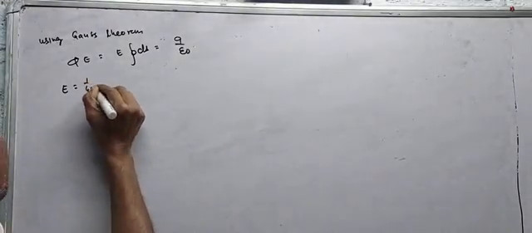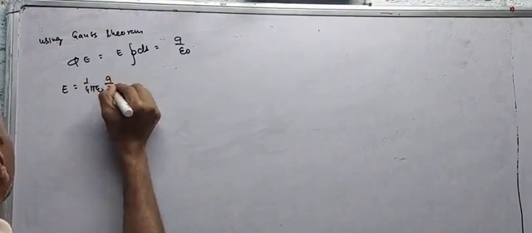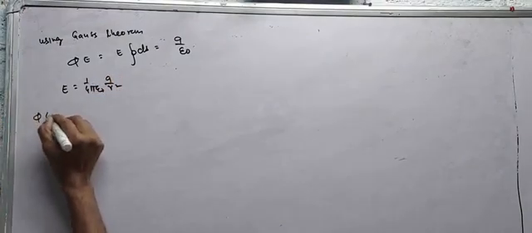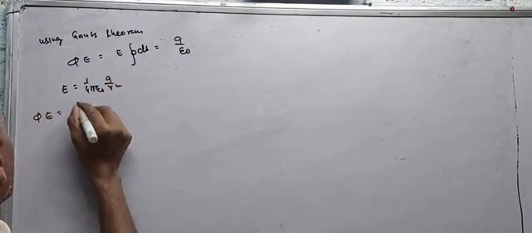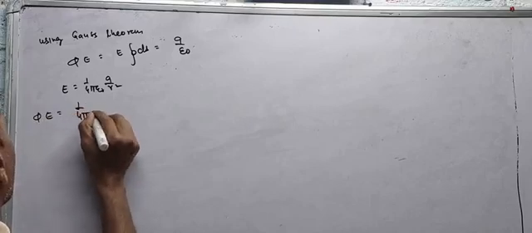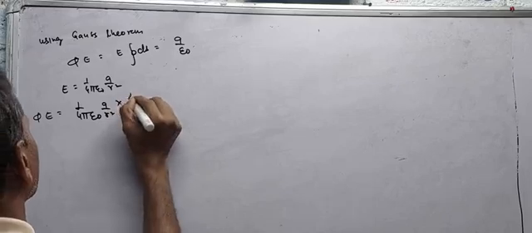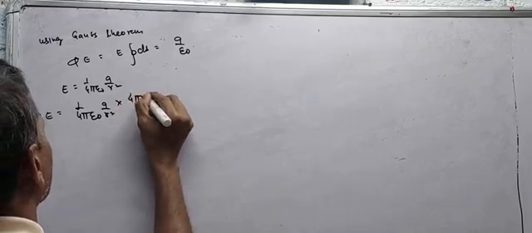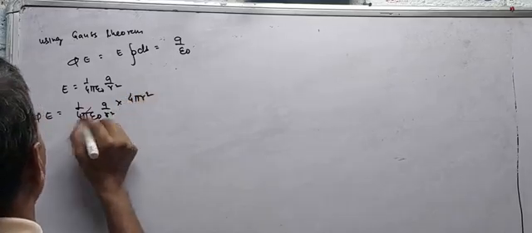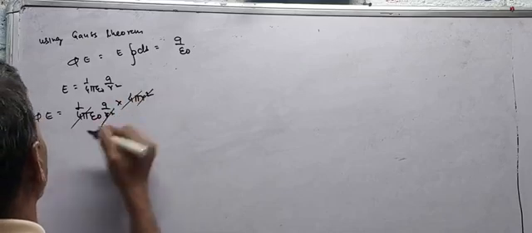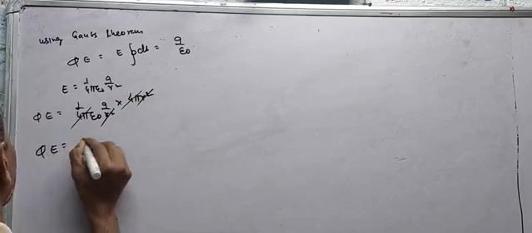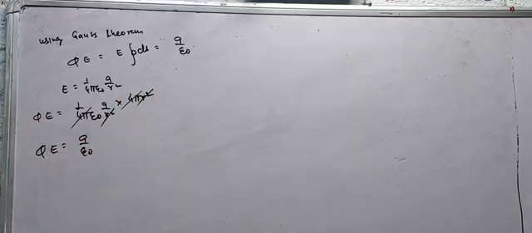Then E equals 1 upon 4 pi epsilon naught q upon r square into 4 pi r square. 4 pi cancels with 4 pi, r square, phi E equal q upon epsilon naught.